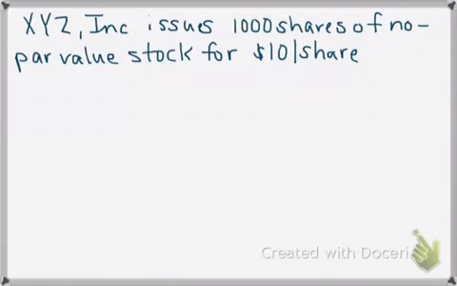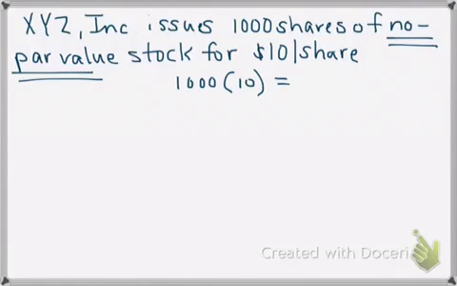The next problem that you're going to come to on the worksheet says XYZ Inc. issues 1,000 shares of no par value stock for $10 per share. If it is no par value stock, then I cannot have an excess. So what I look at is I have 1,000 shares that I'm going to issue out for $10, and so that is going to be a total of $10,000.